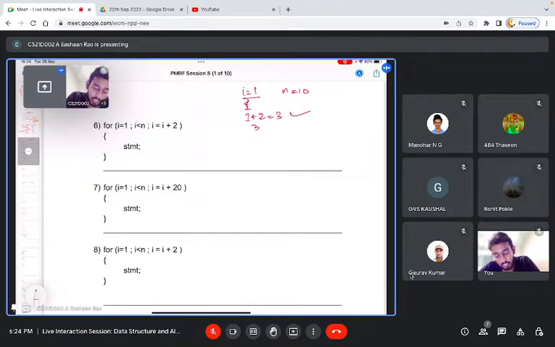Yes, it is correctly satisfying that I is less than n. Then 3 plus 2, that is 5, 5 plus 2 is 7, 7 plus 2 is 9. So instead of running for 10 times, it is going to run for 5 times.